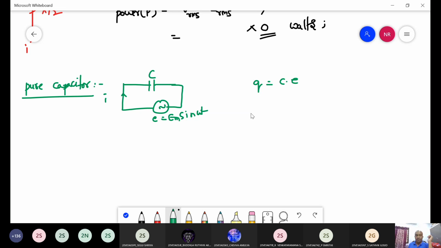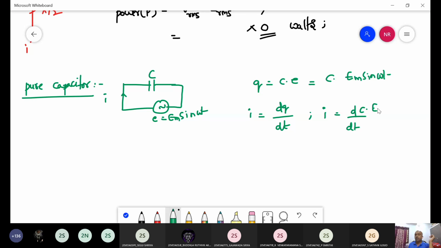Then I is equal to dq by dt, right? Then if you derive that equation, here I is equal to C into E, that is C into Em sin omega t, because E is equal to Em sin omega t. Then Q is equal to C into Em sin omega t.